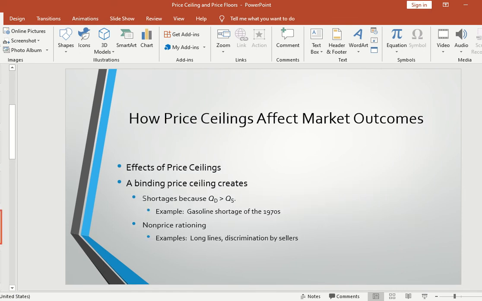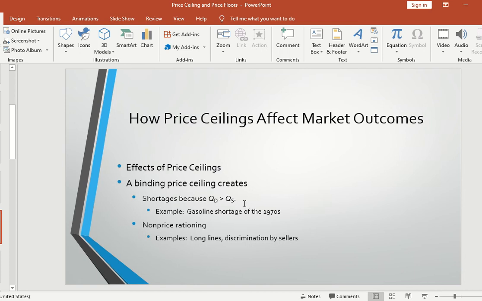Let's summarize what we have observed in the diagram. A binding price ceiling creates a shortage when quantity demanded is greater than quantity supplied. One example of a price ceiling in recent history is the gasoline shortage of the 1970s.